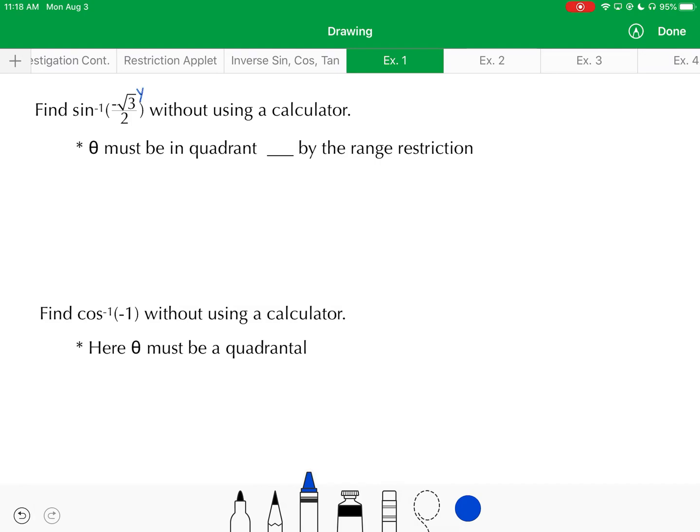So the negative radical 3 is like a y, and the 2 is like an r value here, okay? Now remember, inverse sine can only yield angle measures between negative pi over 2 and positive pi over 2, which is quadrants 1 and 4.